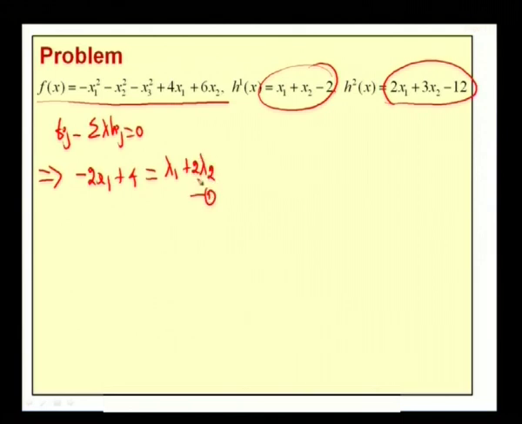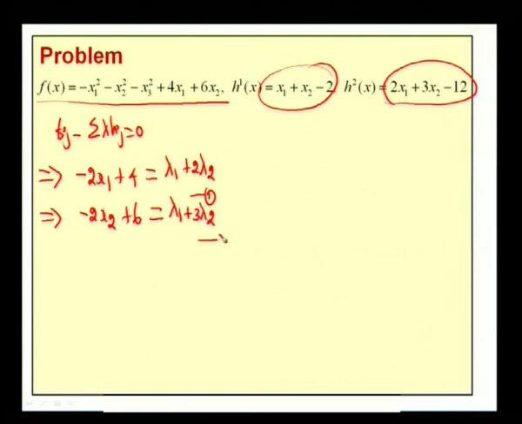Similarly, for the second variable x2, the corresponding Kuhn-Tucker condition gives f2 minus summation lambda h2 equal to 0. For this problem, the second condition gives us minus 2x2 plus 6 equal to lambda 1 into 1, plus 3 lambda 2.